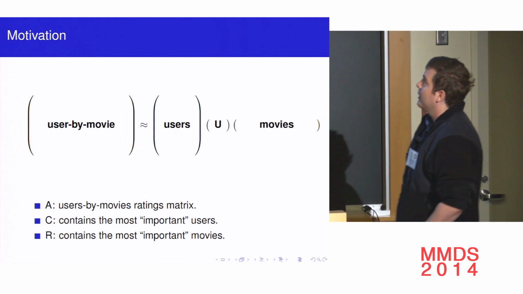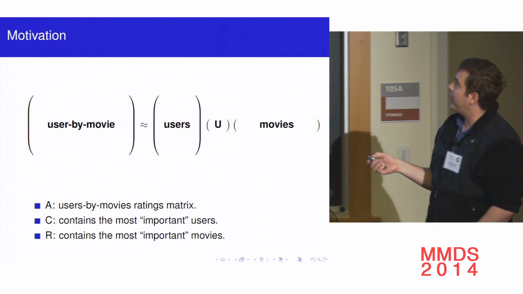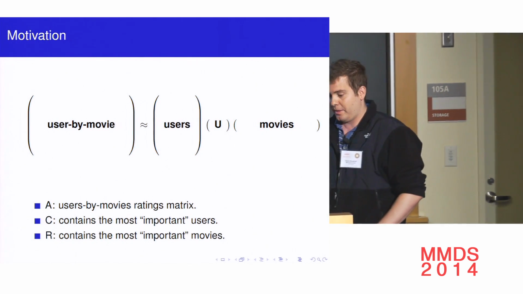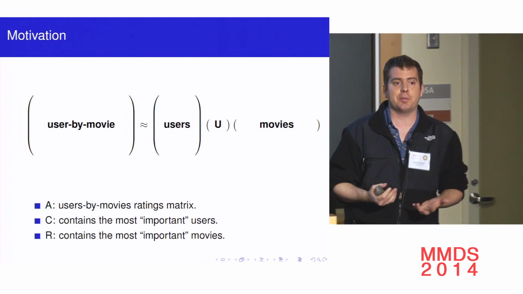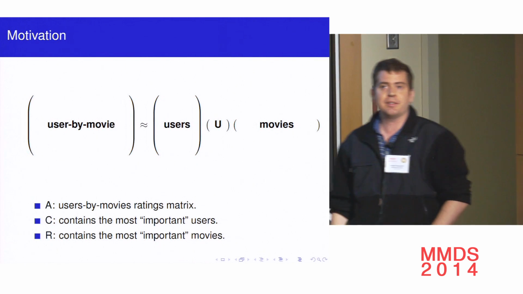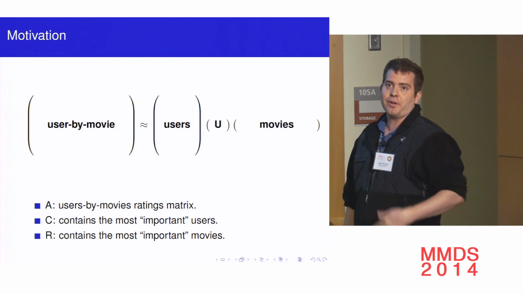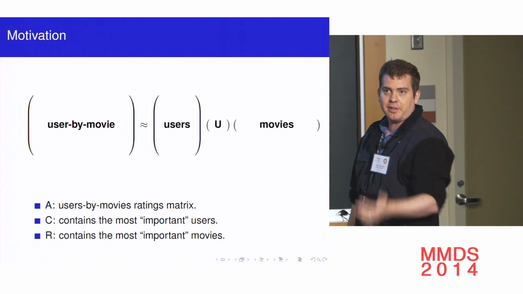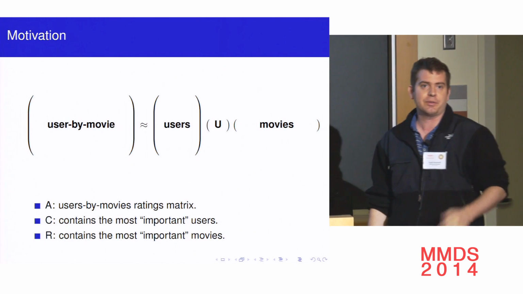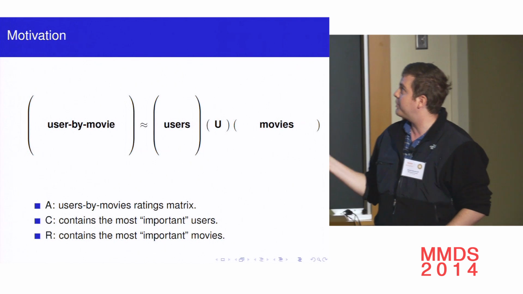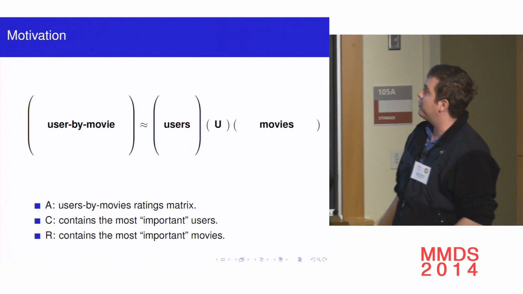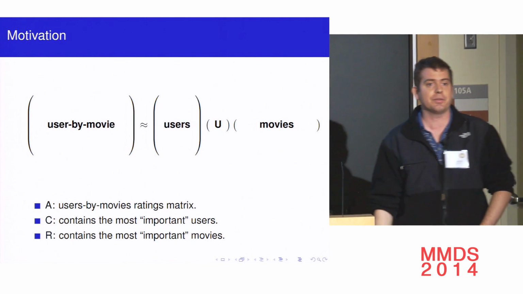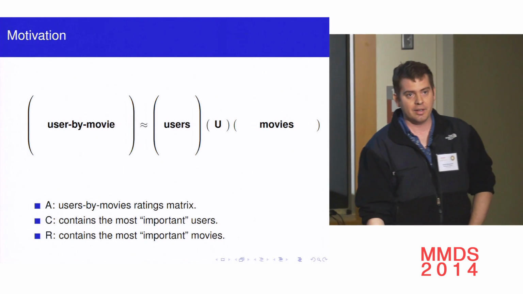And if we can get a CUR matrix factorization, then the factorization might be a lot more interpretable than the SVD. So for instance, if you're taking your top singular vectors, you might have some very strange linear combination of the underlying features. Whereas here you get an actual subset of users and an actual subset of movies. So in some sense, you can think of C as containing the most important users or the most important movies.